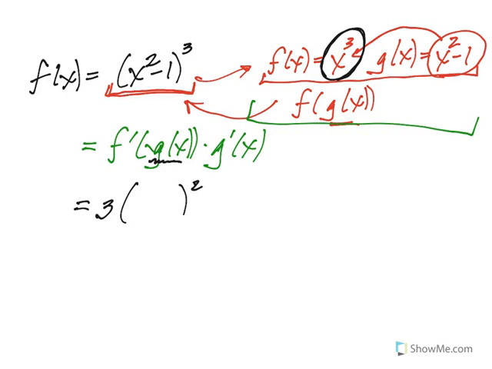And according to this formula here, my innermost function stays the same, which means in those parentheses, I have x squared minus 1. And now I want to go about deriving the innermost function, this g of x. And g of x is this function right here. So I'm going to multiply that by the innermost function derivative, which is going to be 2x. And that product there is the chain rule derivative of my original function.